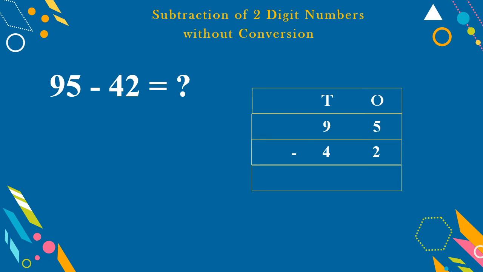In ones column, we have 5 minus 2 equals 3. So write 3 in the ones place of the answer. Now in tens column, we have 9 minus 4 equals 5. So write 5 in the tens place of the answer. So 95 minus 42 equals 53.